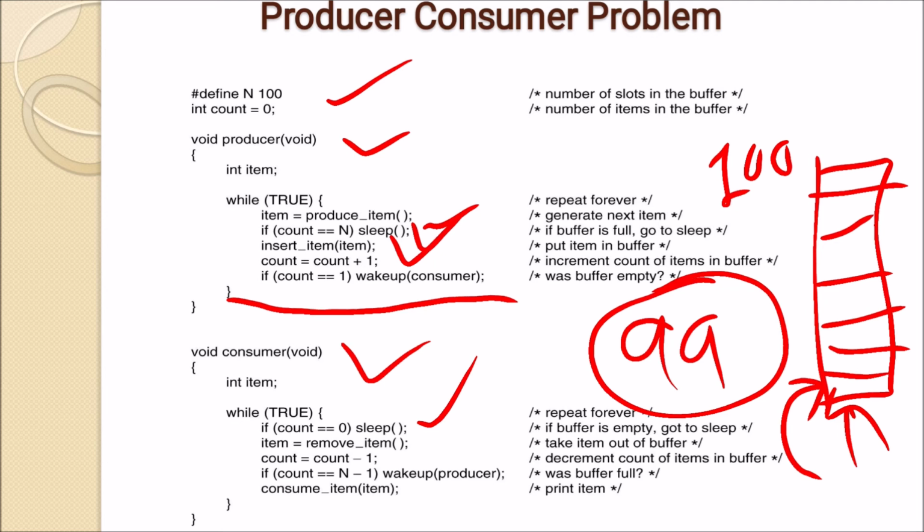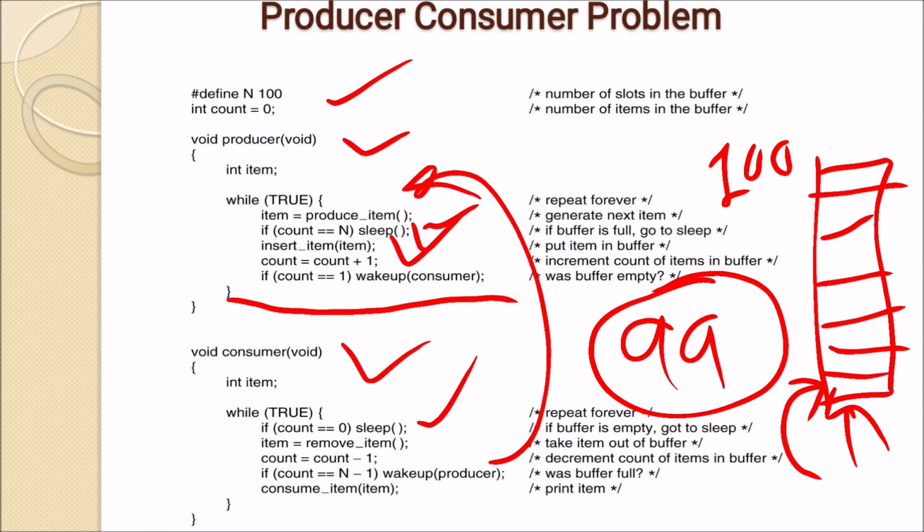Then wake up the producer, or inform the producer, that now one slot in the buffer is empty. And the consumer simply consumes the item, with one statement, consume_item(item).